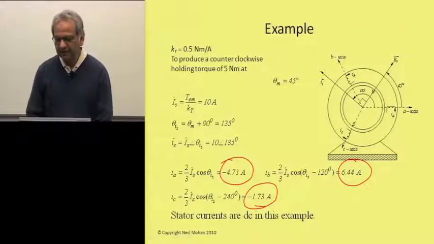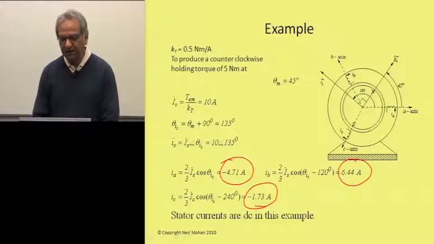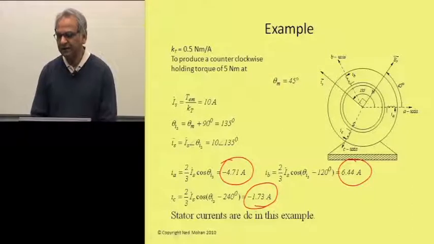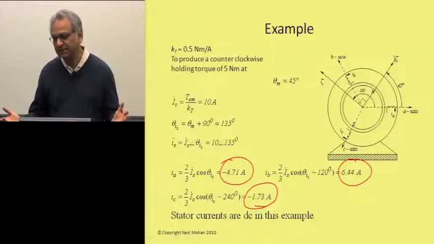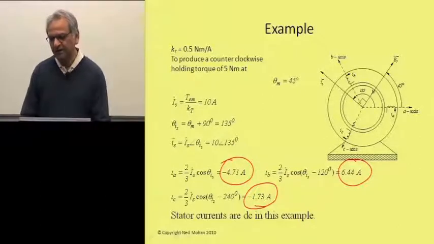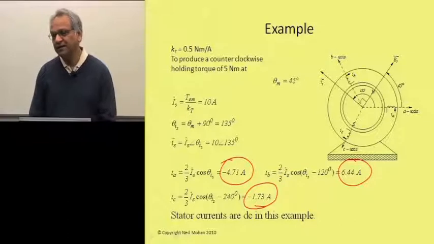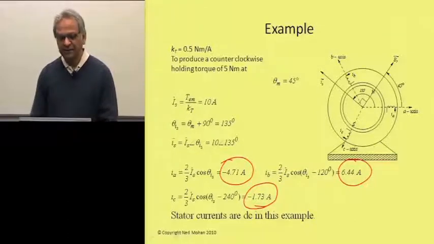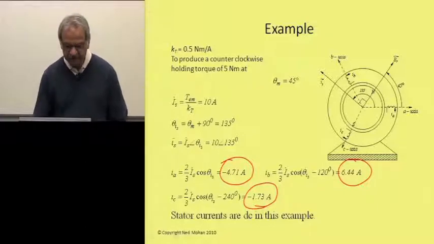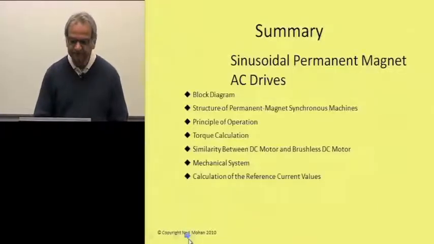So in each of these three windings, the currents being supplied are DC, because we want to hold the rotor at a constant angle of 45 degrees. It's not moving, right? So the currents should not be changing with time, so they are DC. But we are able to apply this space vector concept very nicely here. So that shows the power of space vectors.